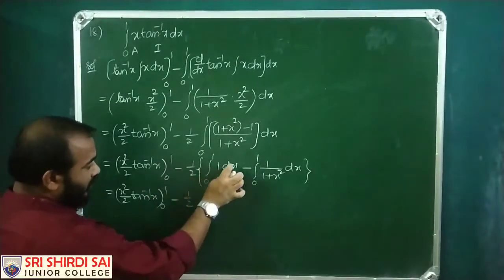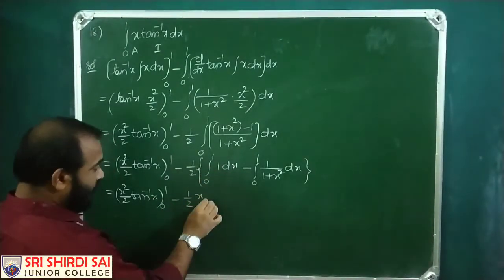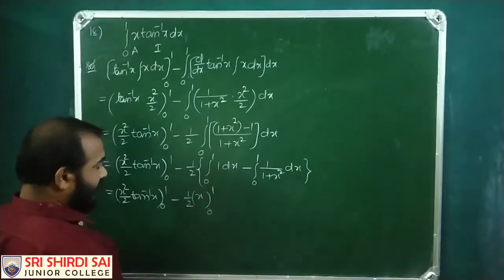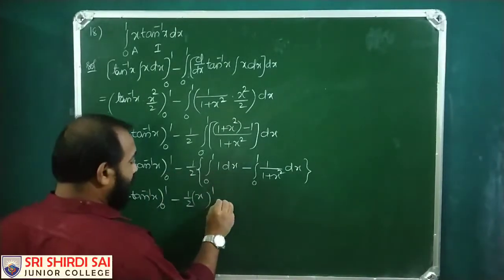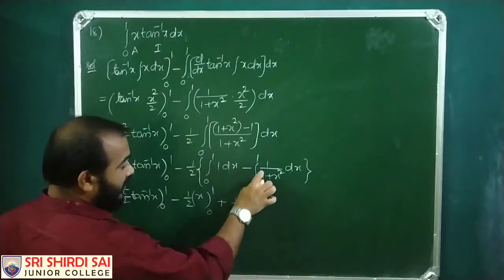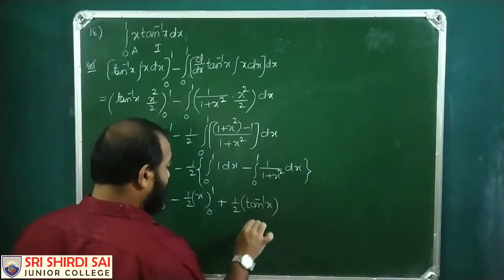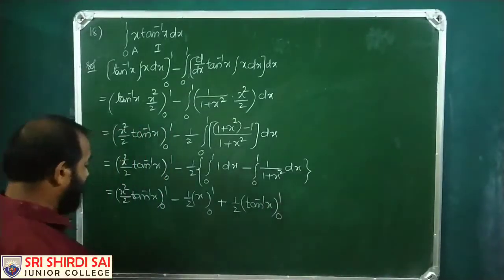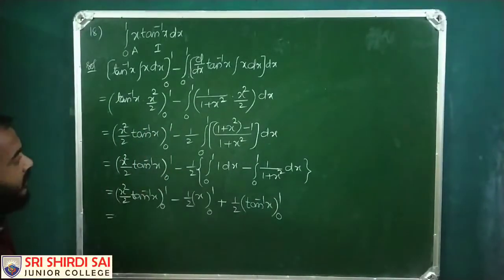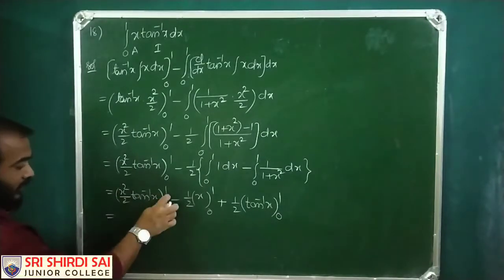So this is x square by 2 tan inverse x, 0 to 1, minus 1 by 2 integral 1 dx is x. The process is over. 0 to 1 is to be written here. Minus into minus plus 1 by 2 integral 1 by 1 plus x square dx is tan inverse x from 0 to 1. Now you substitute the limits. So in the place of x, substitute upper limit.